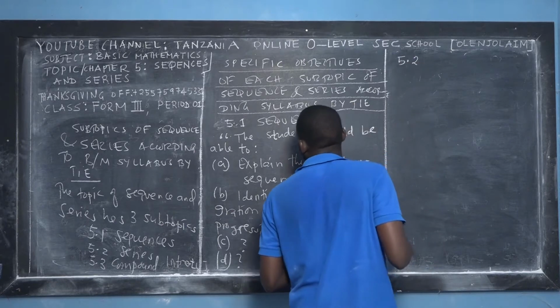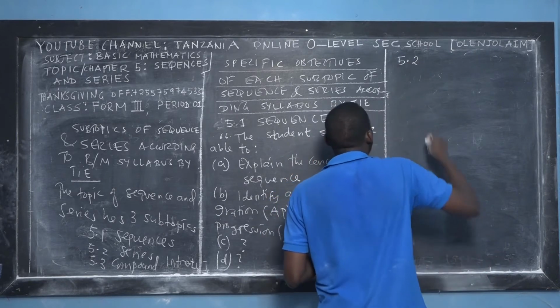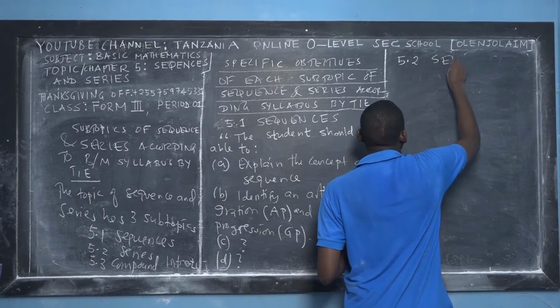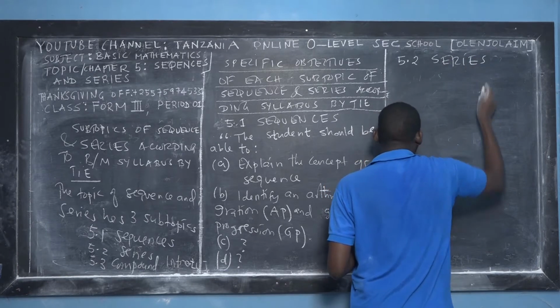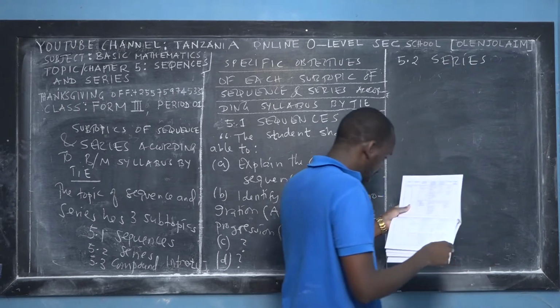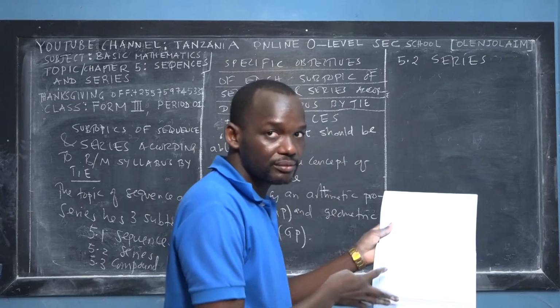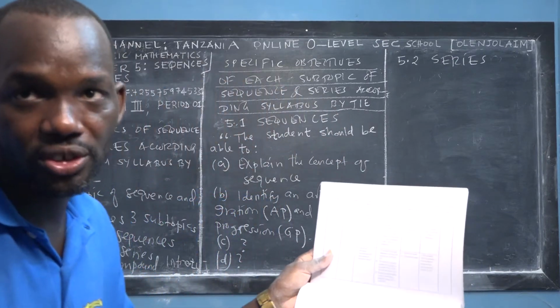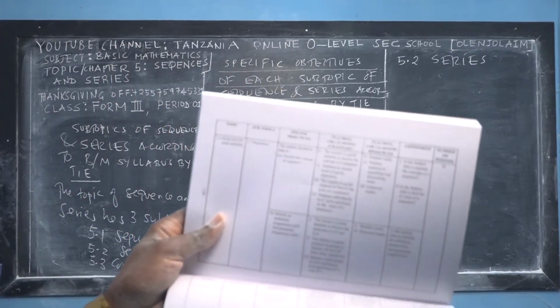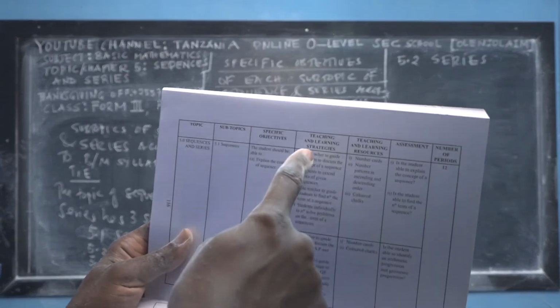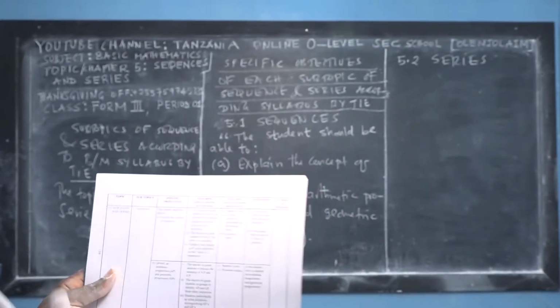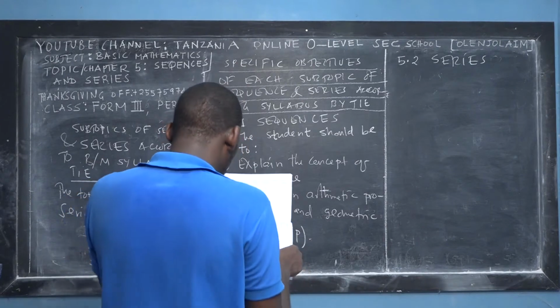5.2, the second subtopic, is called series. Also, there are four specific objectives according to the syllabus, in the column we call specific objectives.